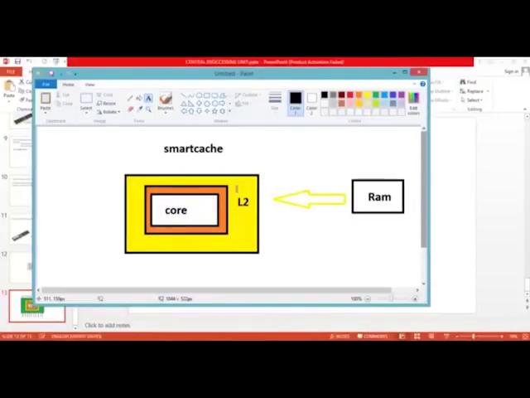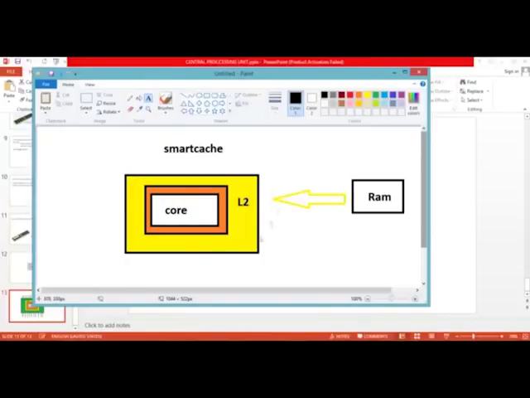Như lúc nãy mình có nói, chúng ta có MCH, Memory Controller Hub, để giải quyết được độ trễ. Nhưng một mình Memory Controller Hub chưa đủ, cho nên chúng ta phải có thêm L2, L3 cache nữa. Ở đây mình vẽ L2, nếu thích thì cứ vẽ thêm L3 cũng được.